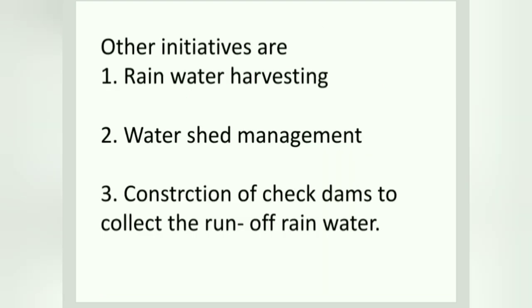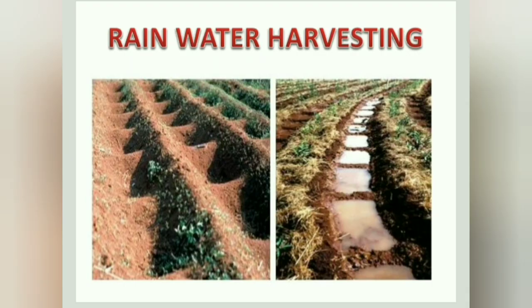Other initiatives, if we see, you know about rainwater harvesting, watershed management and construction of check dams. If we say rainwater harvesting, only at home we make many rainwater harvesting structures. Only those things come to our mind. But for the fields, there are different rainwater harvesting structures.